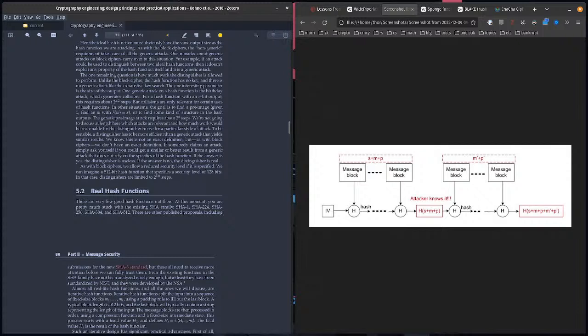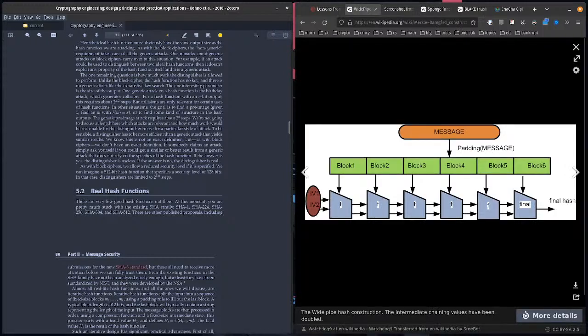But the attacker might say, I would like to add maybe block 7 to this hash function. Since I have the final hash, it's only one more application of f. If I have f of some message, and I would like to extend the message with some further suffix, then the attacker can actually do that. This is particularly concerning if the message is something you would like the attacker not to be able to arbitrarily interfere with.